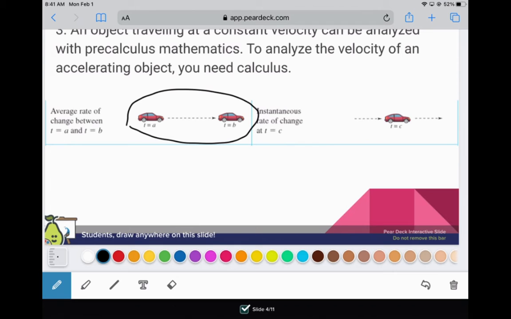You're going to speed up somewhere, you're going to slow down somewhere, right? So that is where calculus comes in. We're not going to talk about the rate of change for the entire trip. We talk about the rate of change at a specific time. So that's the instantaneous rate of change.